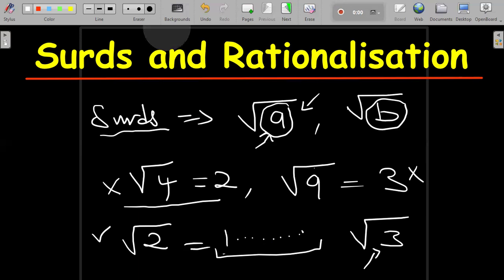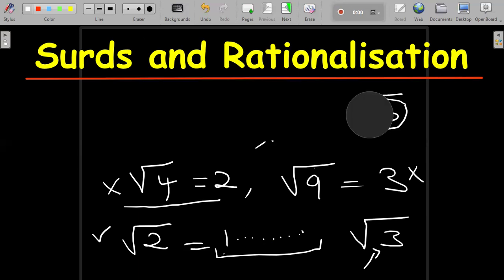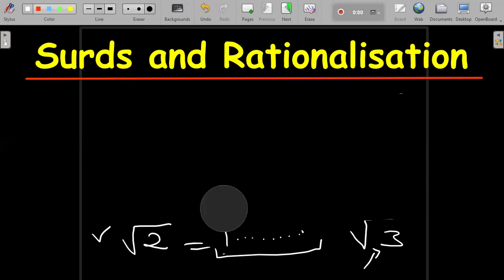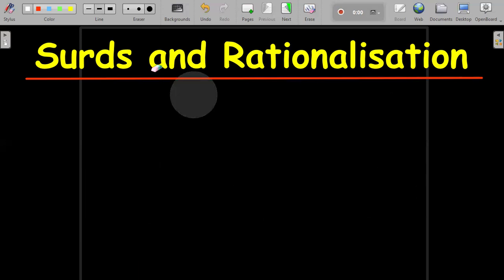For you to be able to answer questions under the topic of surds, you need to be aware of the laws of surds that we use. The first one is a law that involves multiplication of surds.